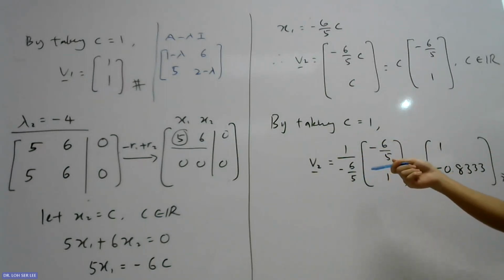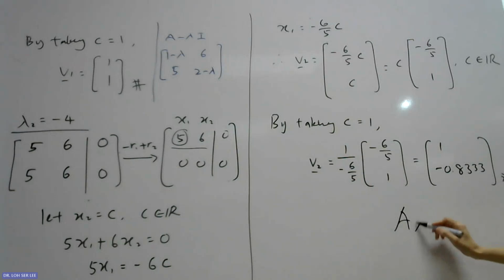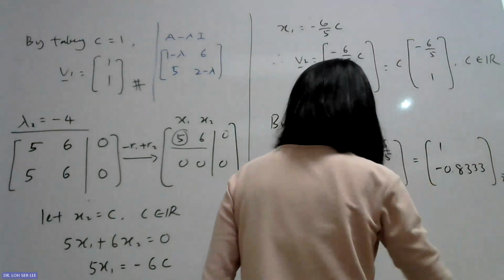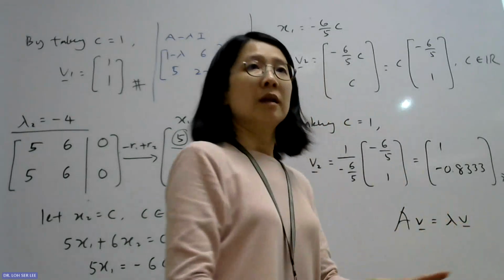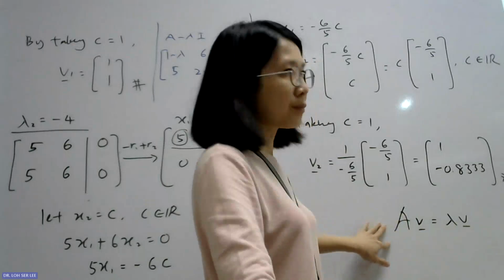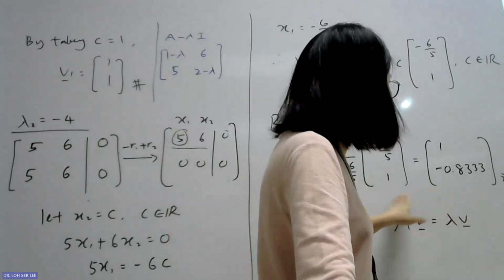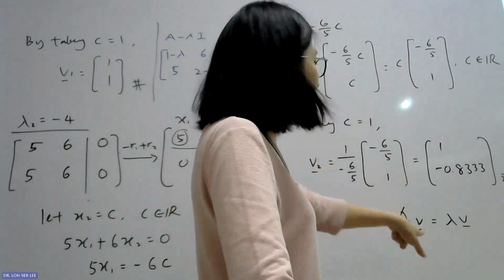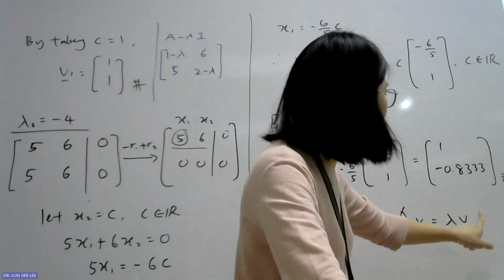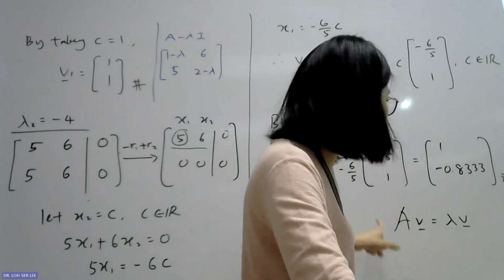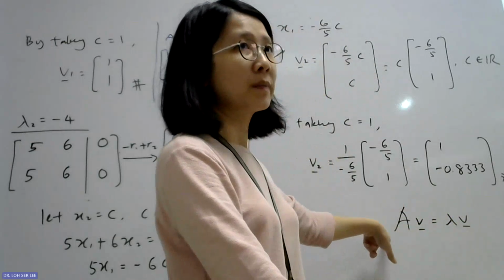This one actually you can say the eigenvalue and eigenvectors are correct. Remember the relation: AB equals to lambda B. From this relation, actually, you can know whether your answer is correct or not, because your eigenvalue, eigenvector and also the matrix must satisfy this relation.